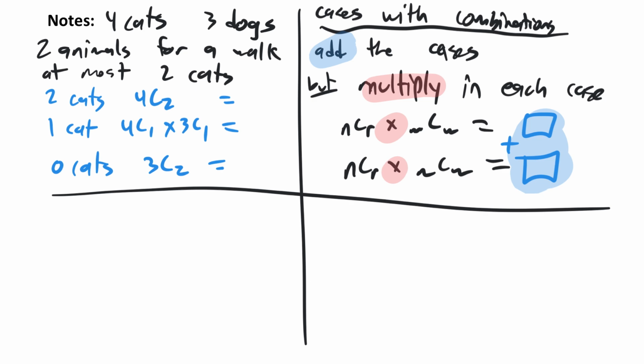So 4C2 is going to give us 6. 4C1 times 3C1 is going to give us 12, and 3C2 is going to give us 3. We add between each one of these cases. That gives us a total of 21 different combinations we could have for our walk.